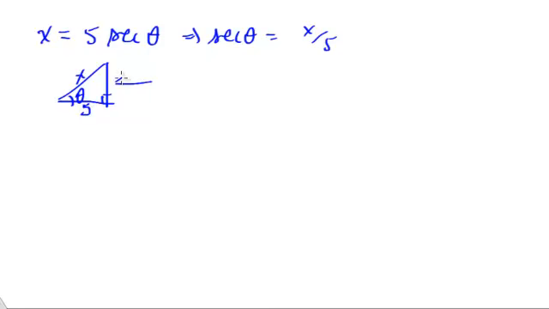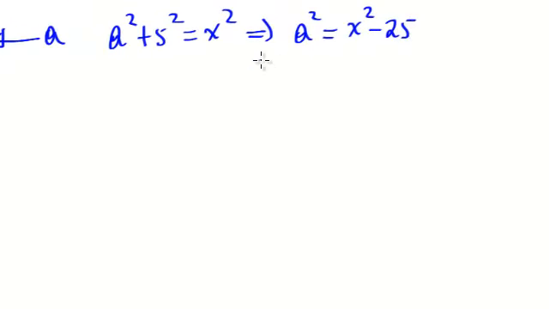Now I'm going to calculate this side. Let's call it a for now. So a squared plus 5 squared should equal x squared. That's Pythagorean theorem. So a squared should be x squared minus 25, or a is the square root of x squared minus 25.